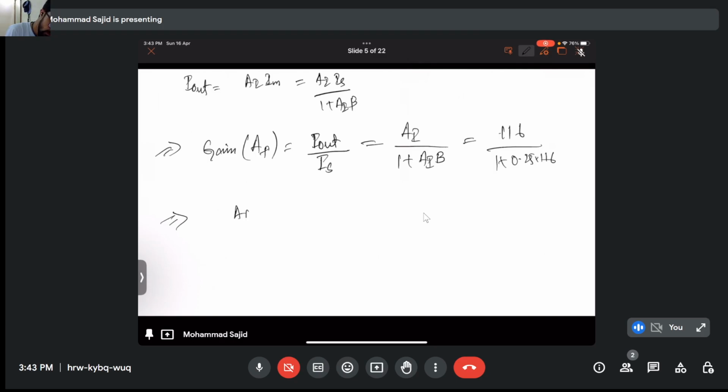So calculate it, you will find it as 116 divided by 1 plus 29, that is 30. And this comes out to be 3.87. So this is how you calculate the gain with the feedback network.